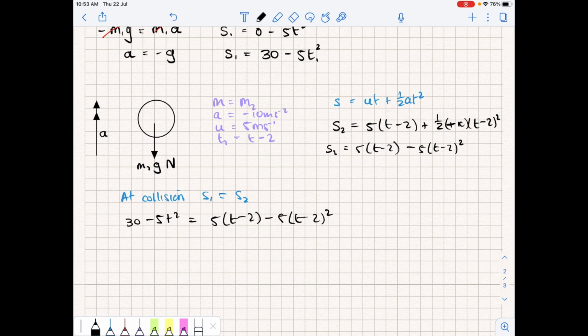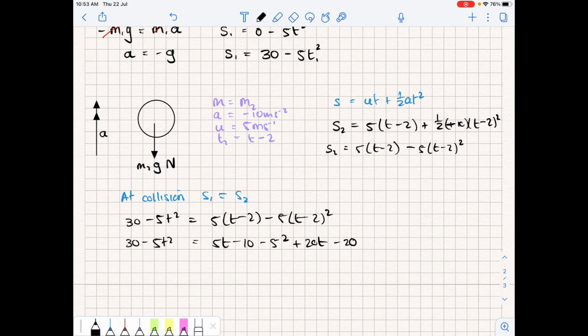I'm going to do this all in one step. I'm going to think about the expansion and just multiply everything by 5. So I'm going to get minus 5t squared. Inside the bracket, I'm going to get minus 2t times 2, so that'll be minus 4 times 5, which is plus 20t. I'm going to get minus 2 squared, which is 4 times minus 5, which is minus 20.